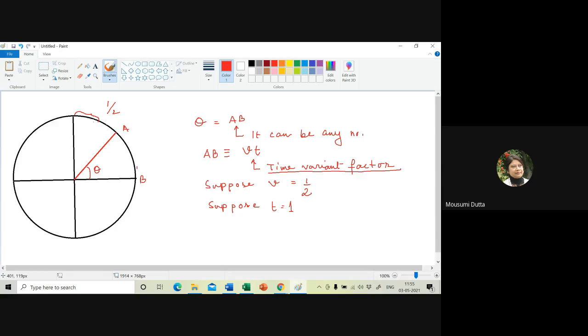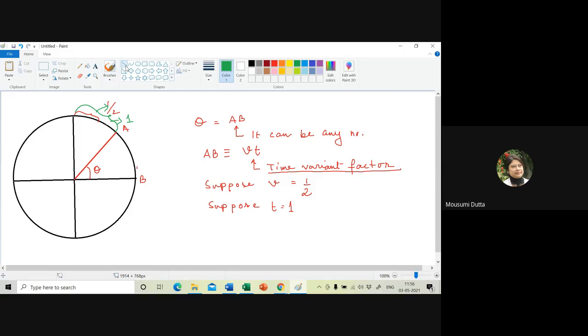Now suppose T is equal to 2. In that case, this was the first one half, and in this case it will be equal to 1, say. So in this way, you will be able to move the radian clockwise.